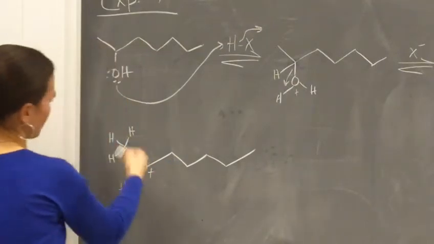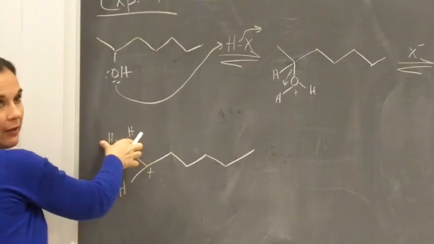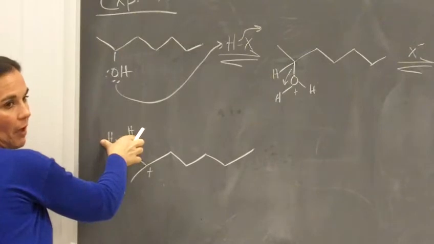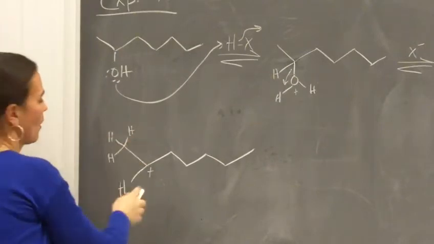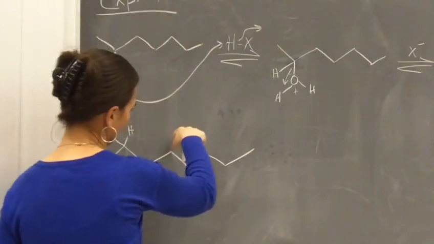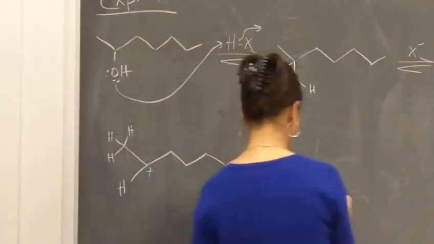We wouldn't shift in this direction, right? Because we would form a carbocation out here on a primary carbon, or a primary carbocation. So the only direction we're going to move the hydride is such that we get a more interior carbocation.